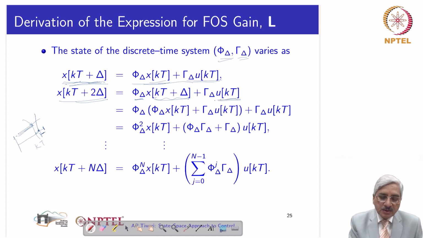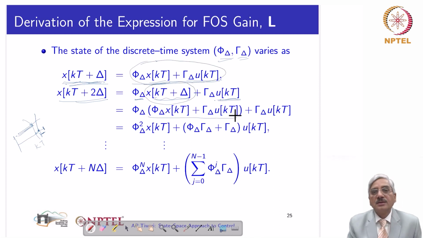And here we substitute the expression written earlier. Then we simplify, so we get x(kT+2δ) equal to φ_δ² x(kT) plus (φ_δ Γ_δ + Γ_δ) multiplying u(kT).